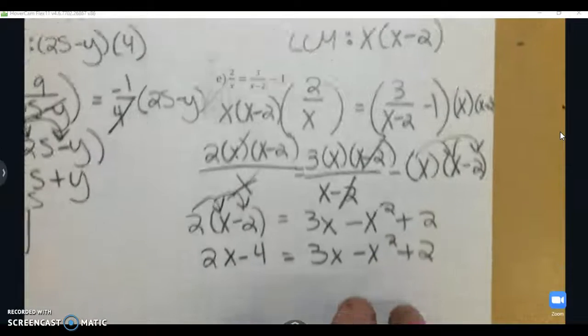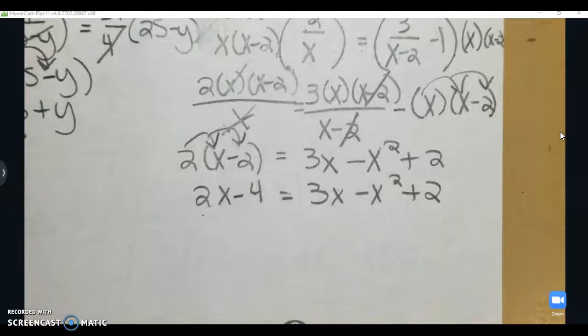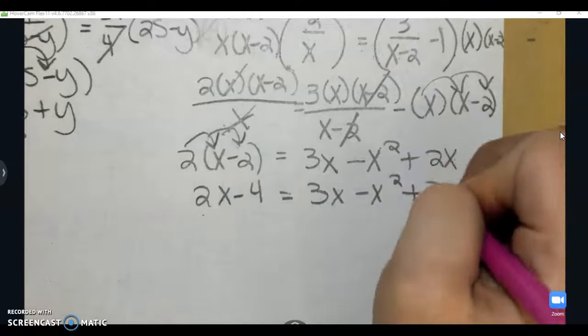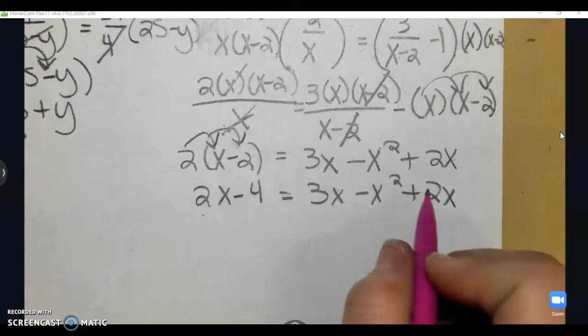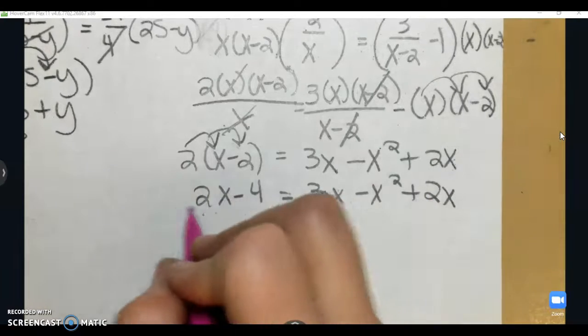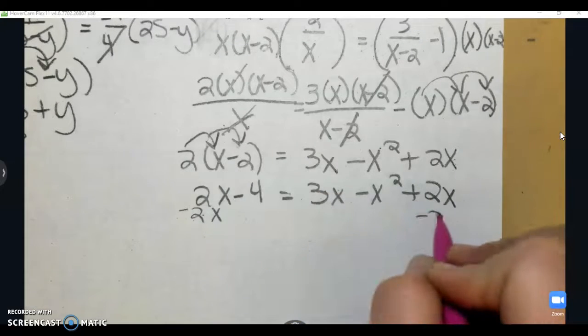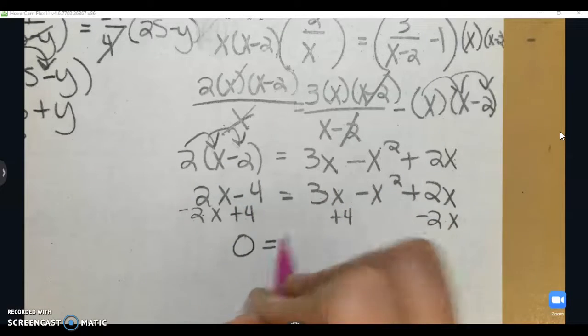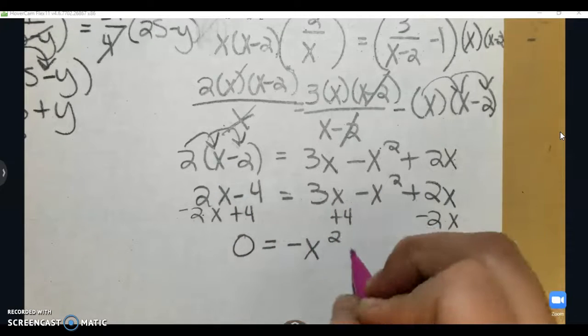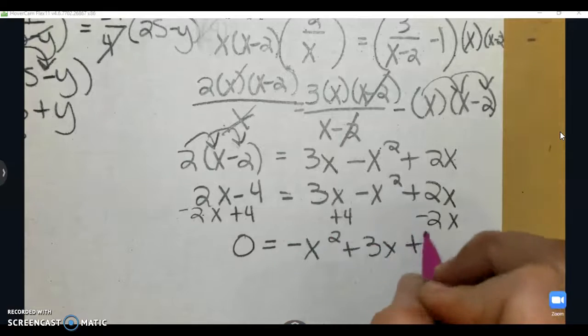And hopefully you're already recognizing that this is going to be, oh, that should be x, sorry. This is going to be a quadratic, so I need to get everything on the same side. So I'm going to move this 2x over and the 4. And so 0 is going to be equal to minus x squared plus 3x plus 4.